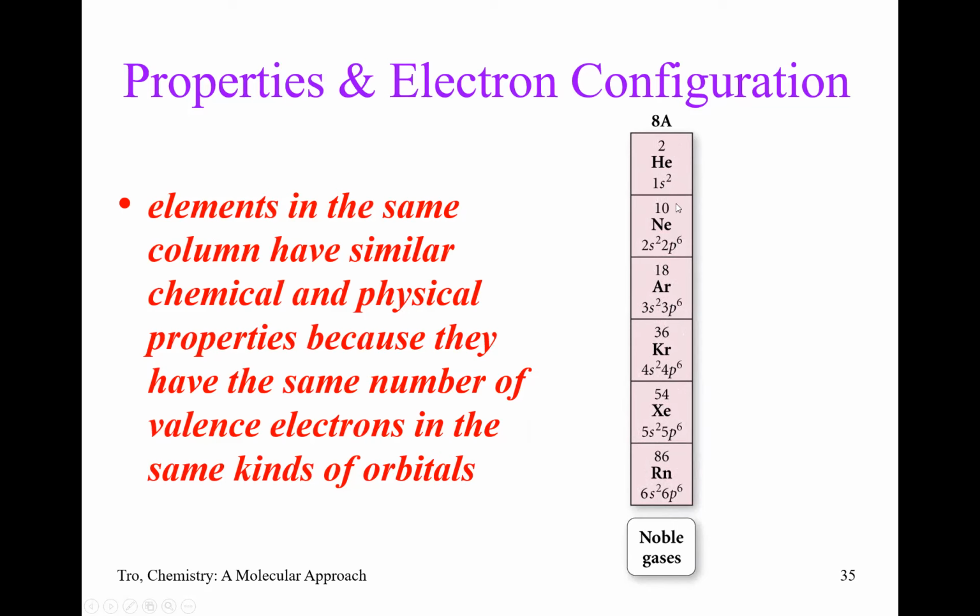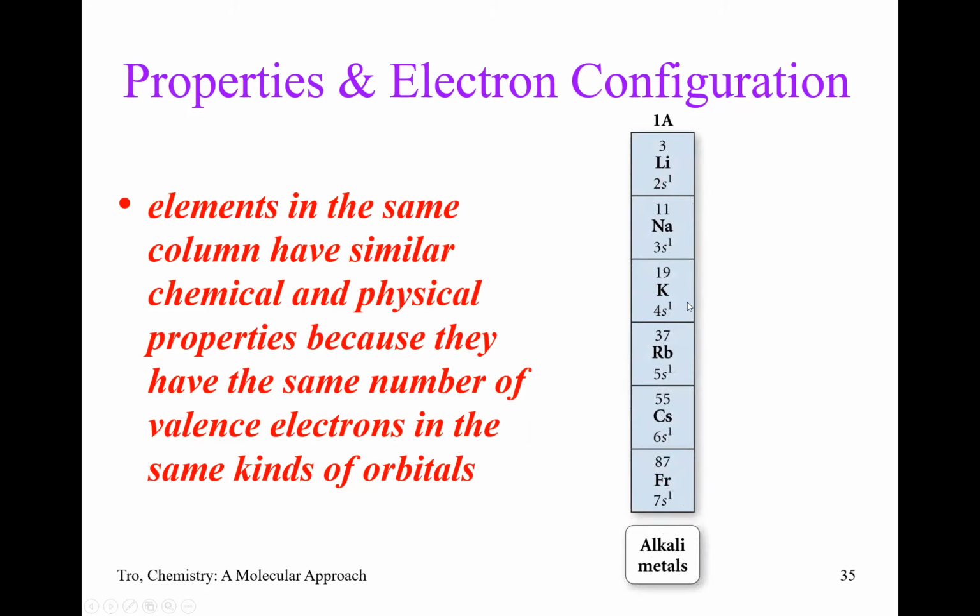And things with filled orbitals are very non-reactive, right? You've been at a kid's or someone's birthday party before, or seen it at least. Someone opens a balloon of helium, breathes it in and out, and it doesn't react. It doesn't do anything, right? So things that have full p orbital electrons are non-reactive.